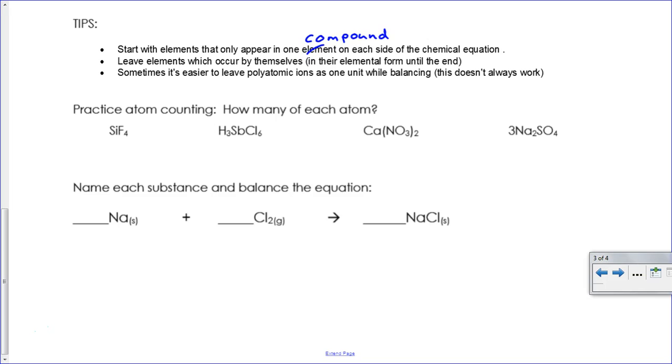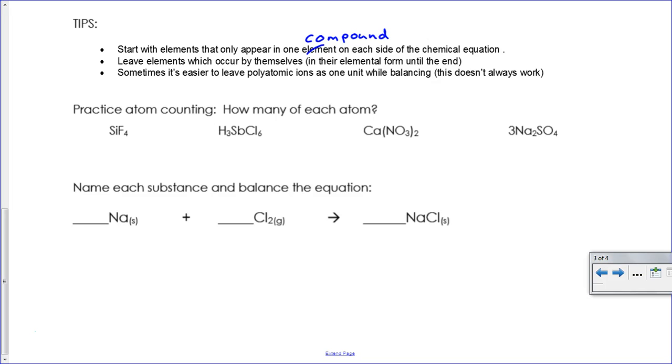If they only appear in one compound on each side of the chemical equation, that's going to be easier. It's less fuss. I'll show you some examples later where there's oxygen, say, in every single compound, and then you'd want to leave that until the end.